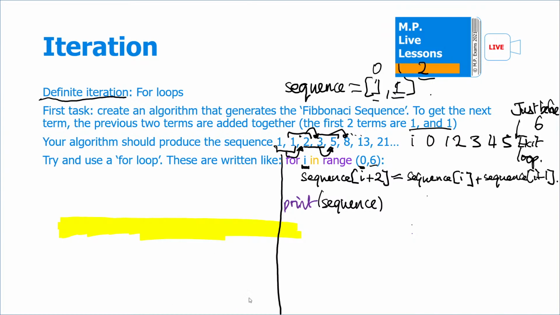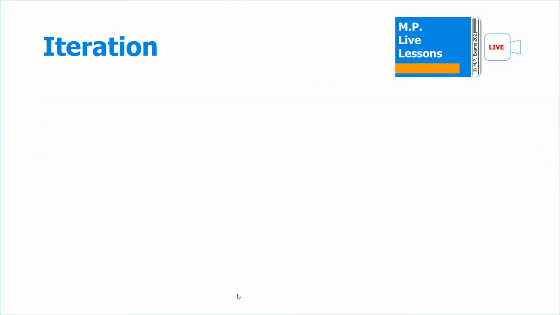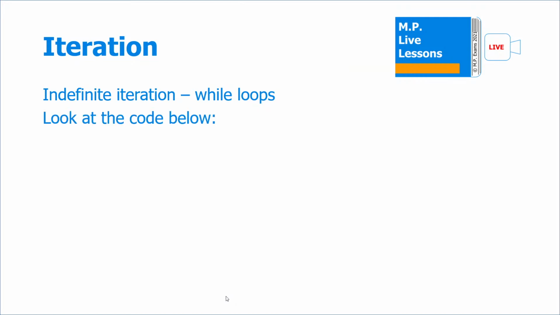The next type of iteration we're looking at is indefinite iteration. So where we use something called while loops instead. Now, while loops work almost a bit like if statements. So the while loops depend on a condition if it's true. Now here's an example. To show how while loops work, we'll need to label a few things.